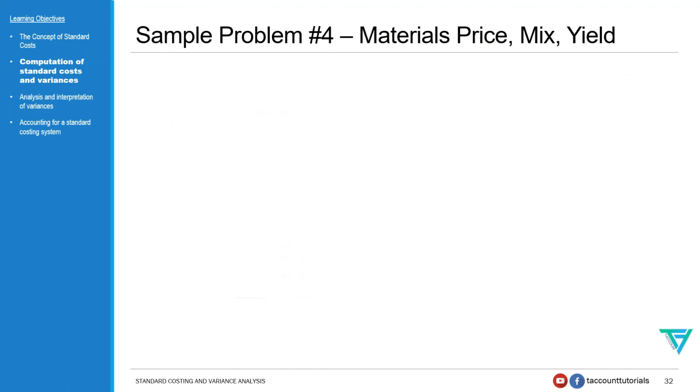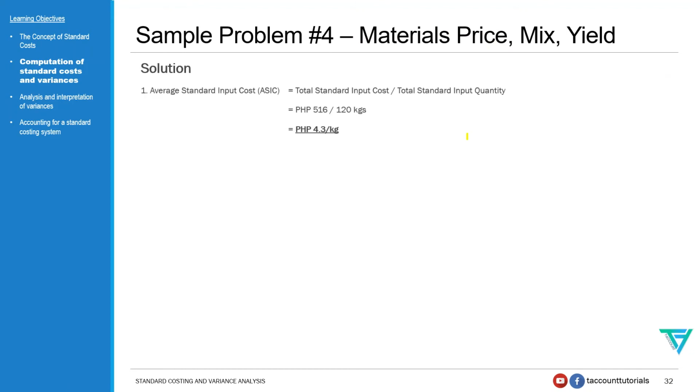If we follow a similar approach, we first compute the average standard input cost. As mentioned, we get the total standard input cost, 516 pesos, over the total standard input quantity of 120 kilograms, which gives us 4.3 pesos per kilogram.